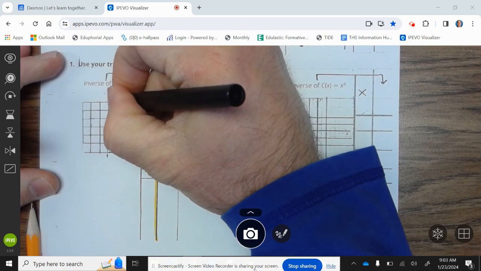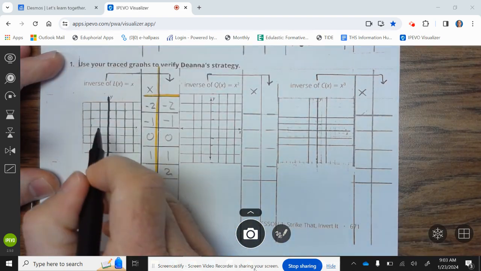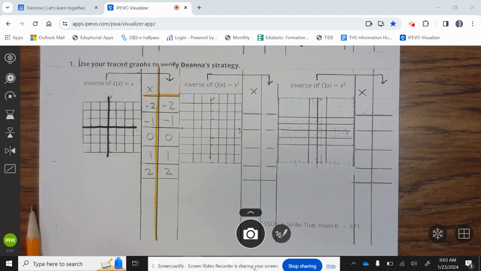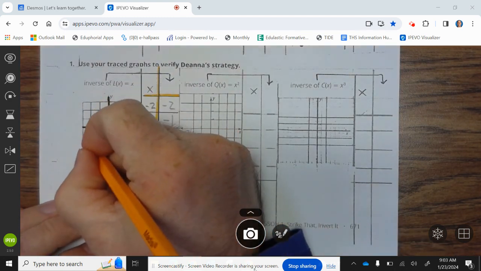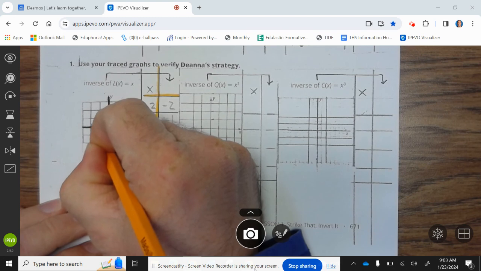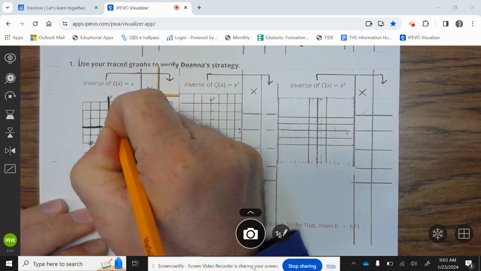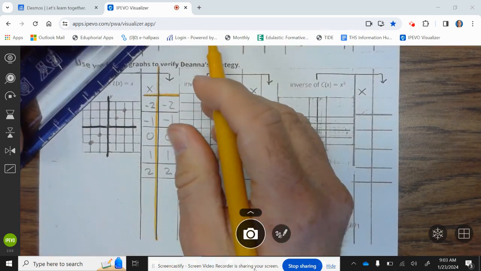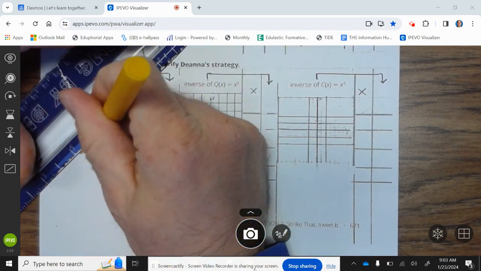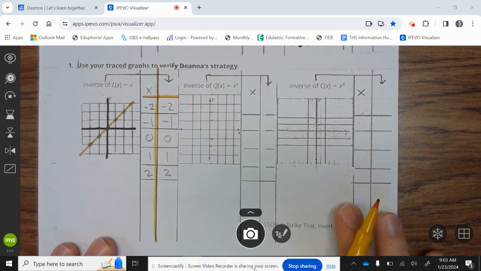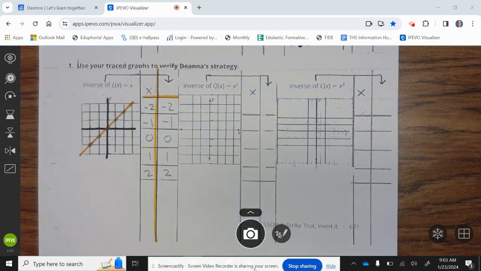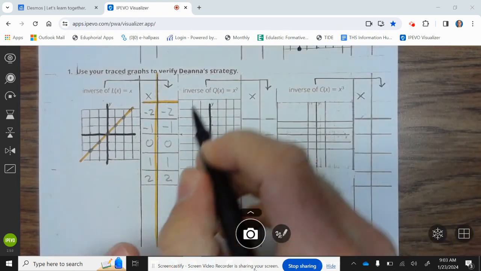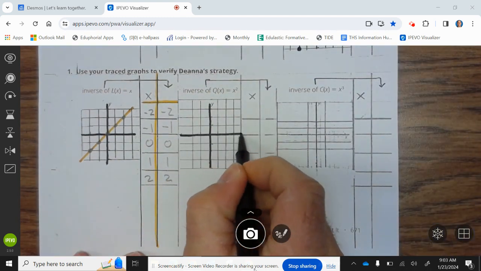It's a little hard to see the axis, so let's highlight that a little bit. So -2, -2, -1, -1, 0, 0, 1, 1, 2, 2. Again, before we do this, let's highlight the x and y axis so it's easy to see.